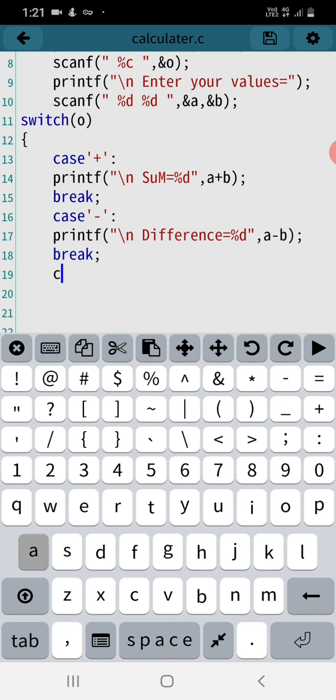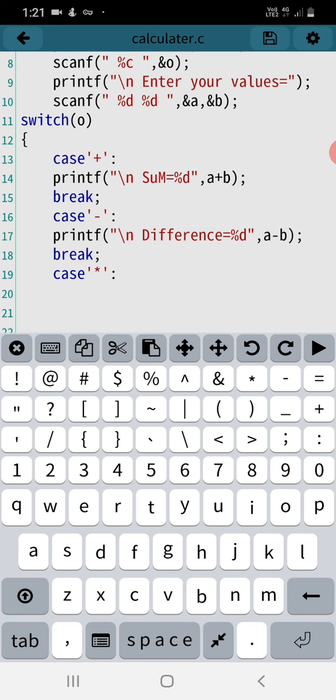Here case 3 is multiplication, the multiplication symbol, the star. This is the symbol of multiplication in computers.